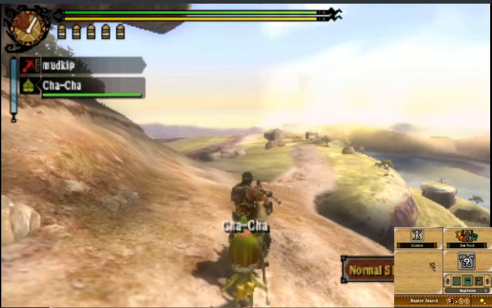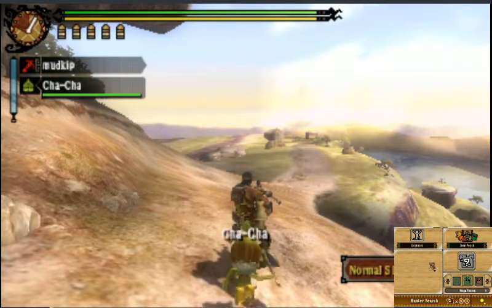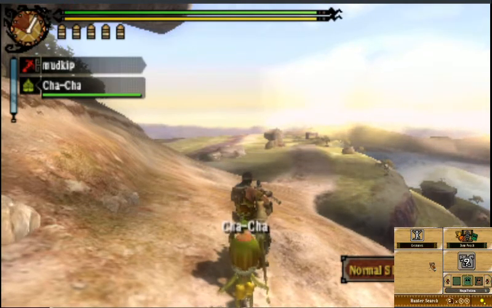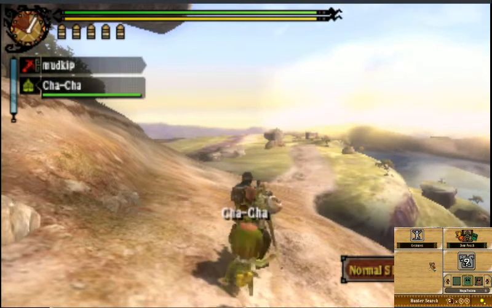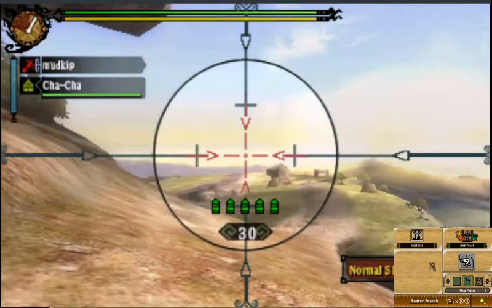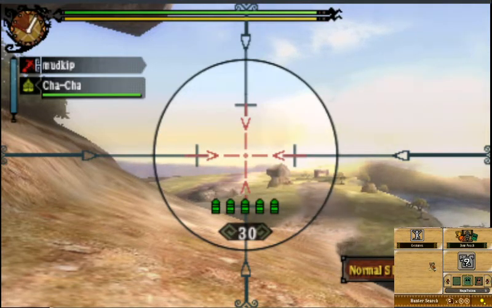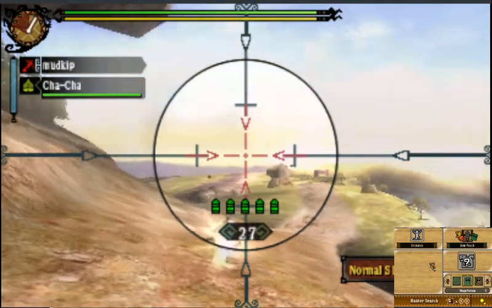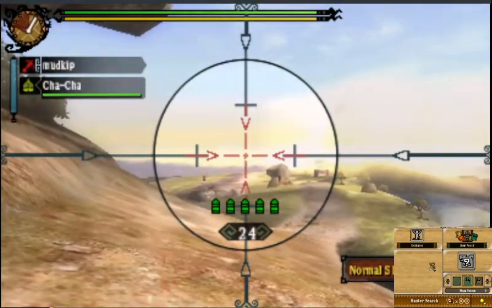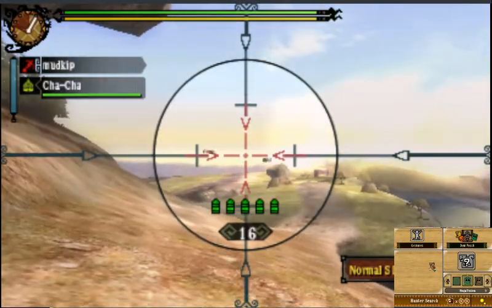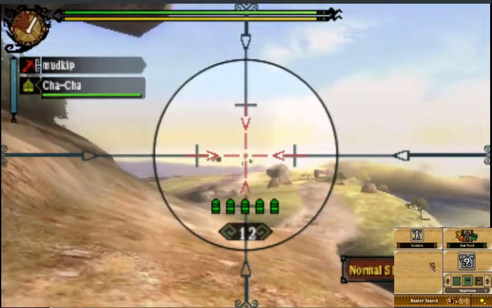If you were to ever be in a situation where you believe that you can remain stationary and fire as many shots as you possibly want, then that is the time to use crouching fire, so X and A, to be able to fire up to 30 shots. Now you can fire all of these shots by just holding down the A button. So it saves you the pain of having to press the A button like 30 times. So you can just hold it down and just wail bullets on the monster.